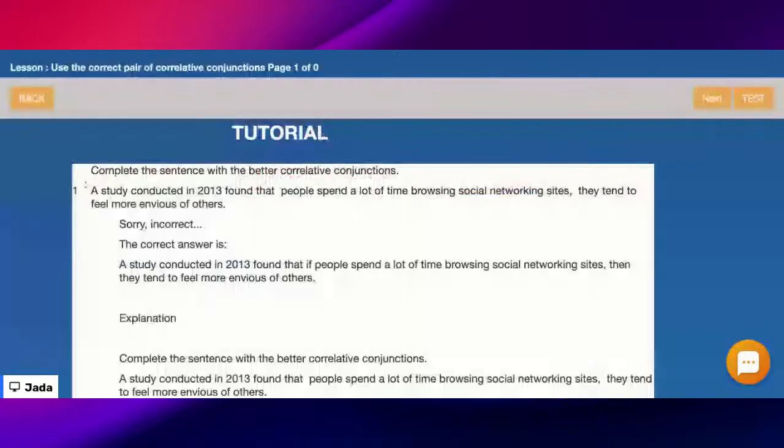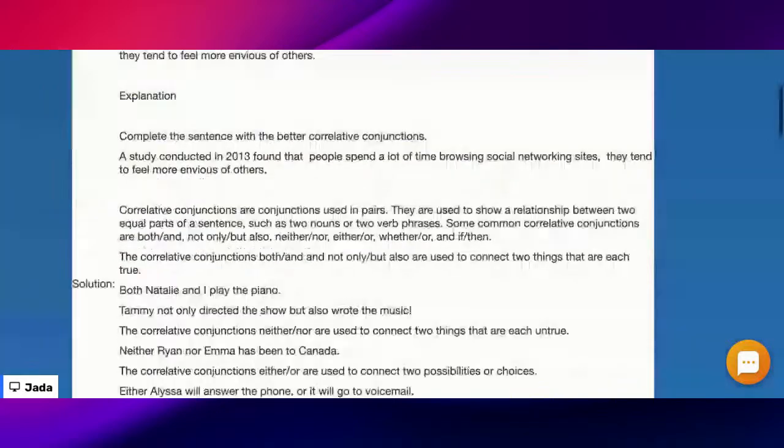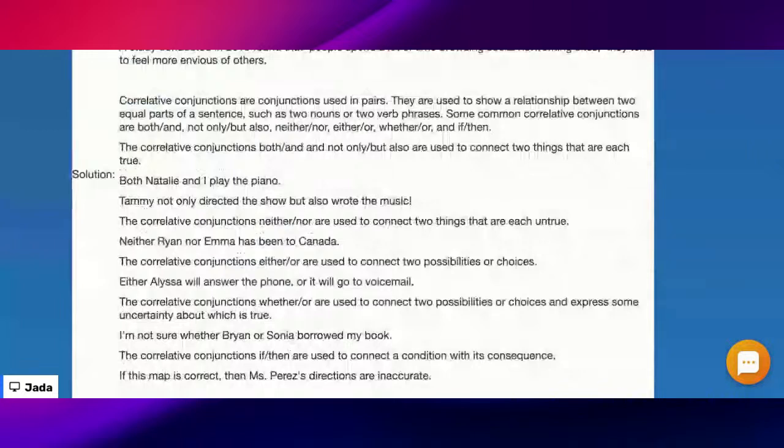So first we need to note what the correlative conjunction is. Correlative conjunctions are conjunctions used in pairs. So you need to take notes that they are used in pairs.